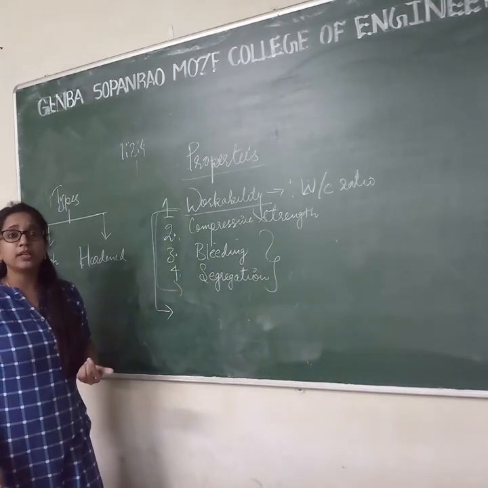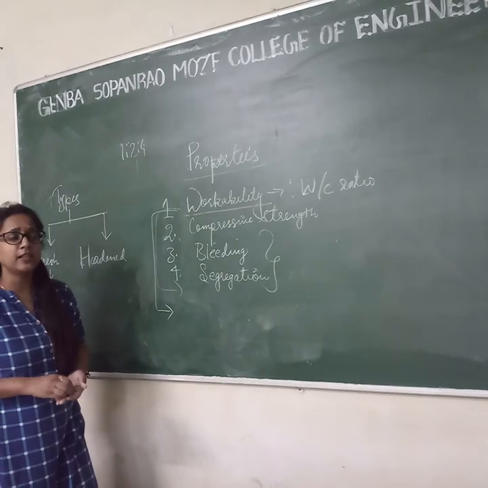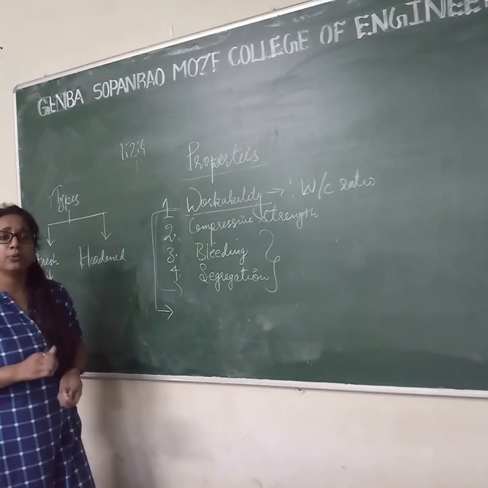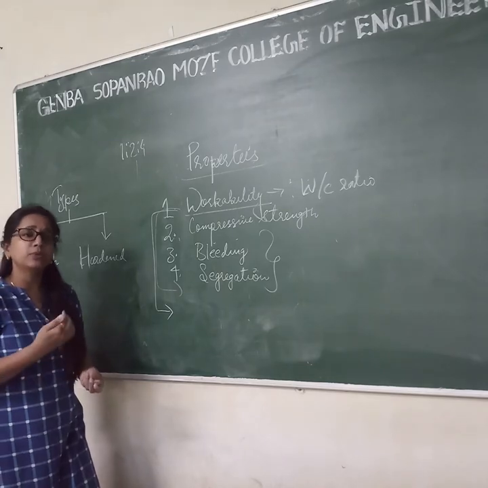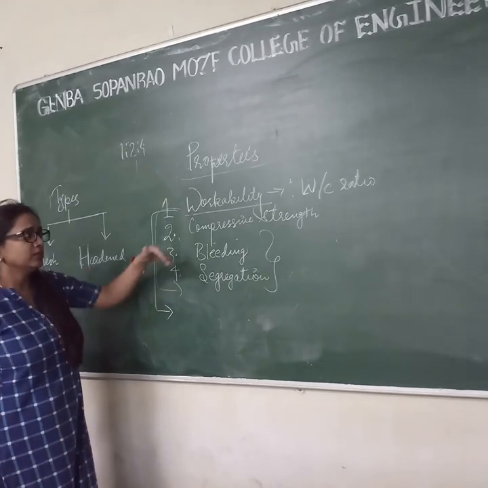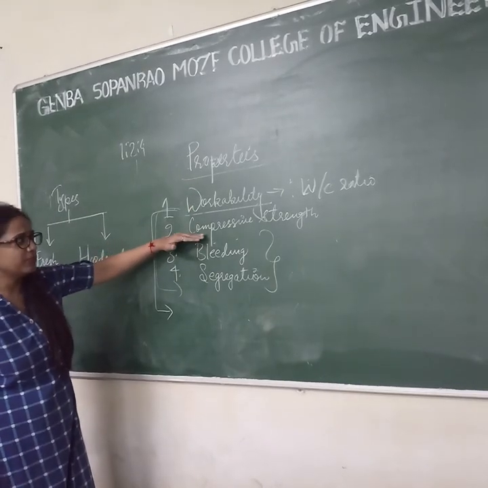Compaction should be good. If more compaction is there, then ultimately it will lead to bleeding. If you are doing compaction more than the desirable quantity, then it can bleed. So like this, workability.